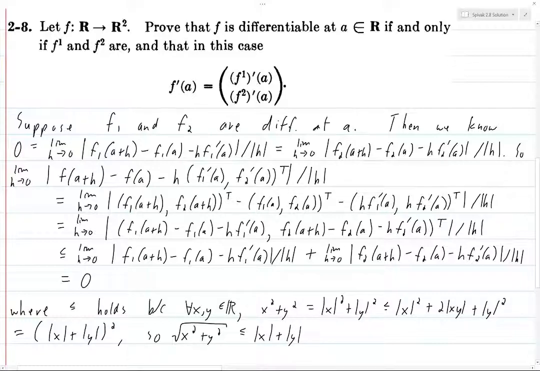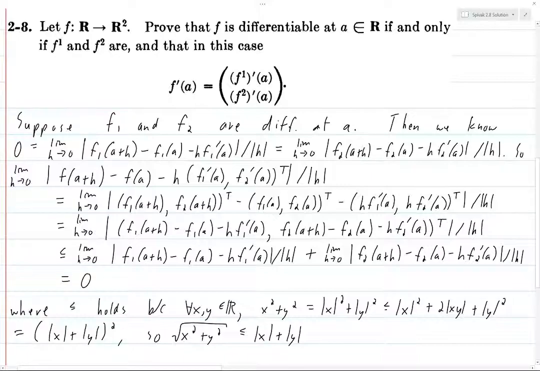So really the way that we can think about this is that if x and y are the coordinates of a vector, then the norm of the vector is less than or equal to the sum of the absolute values of the individual entries. And so that's all that we did in this inequality. We took a two-dimensional vector, the numerator here, and we said it was less than or equal to the absolute value of the first coordinate plus the absolute value of the second coordinate.